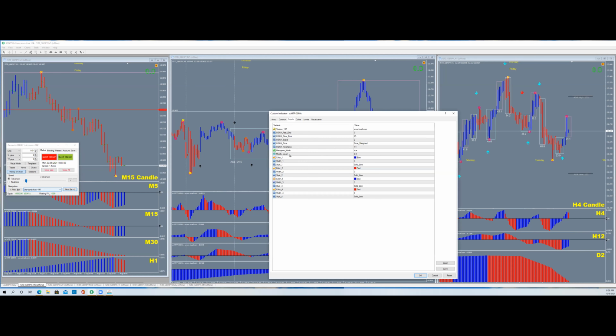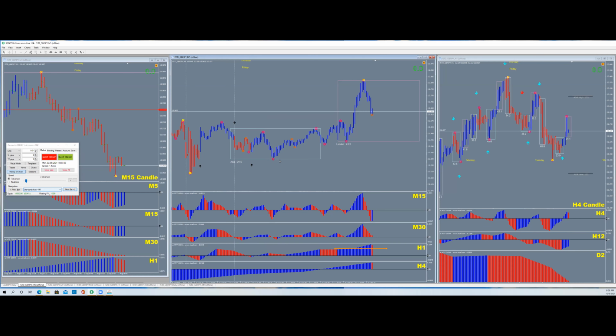So you have a trade, but it's a trade on the 15 minute, 5 minute, or the 1 minute. But now you're seeing the H4 turning red, whereas the H12 is still blue and the D2 is red. You are at a turning point at this point. Indecision is what I say. You don't know which direction it wants to go. You should be out. You shouldn't stay on the market on the 1 hour time frame.